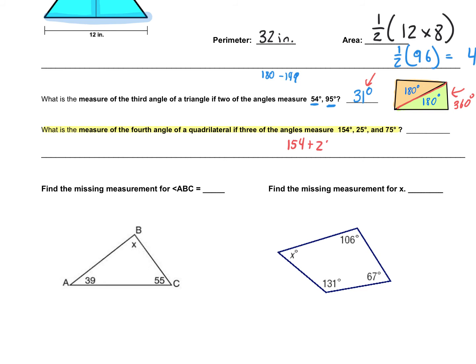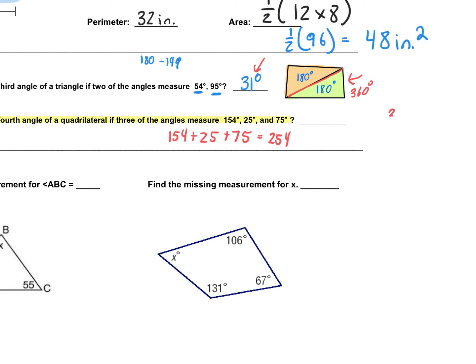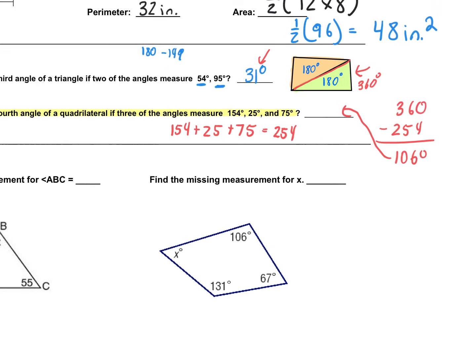So I'm going to do the same. I'm going to add these three up first, and I get 254. And then I'm going to subtract from 360 to find my missing angle measurement. And I get 160 degrees is my missing angle measurement.